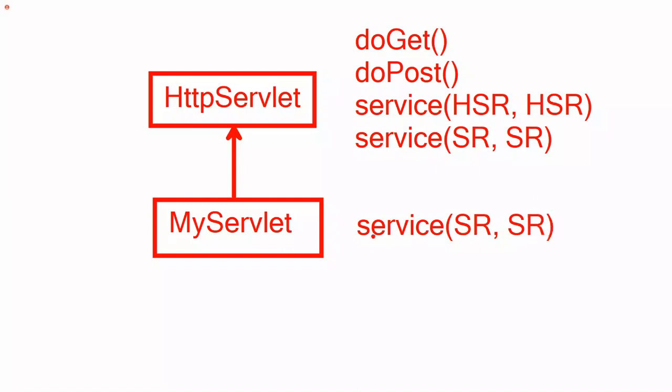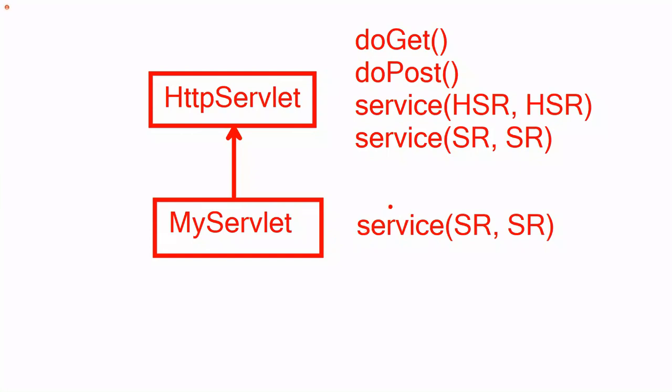Okay. My servlet extends HttpServlet. This method I overrode. Now, one request comes, a get type request or a post type request. Then what will happen? Here, my servlet's service method is called.